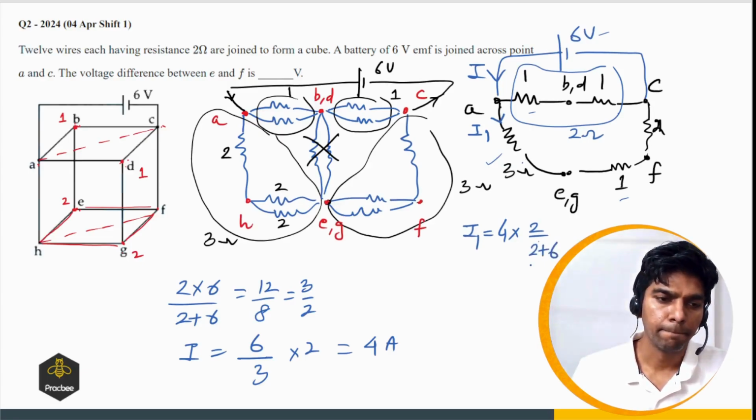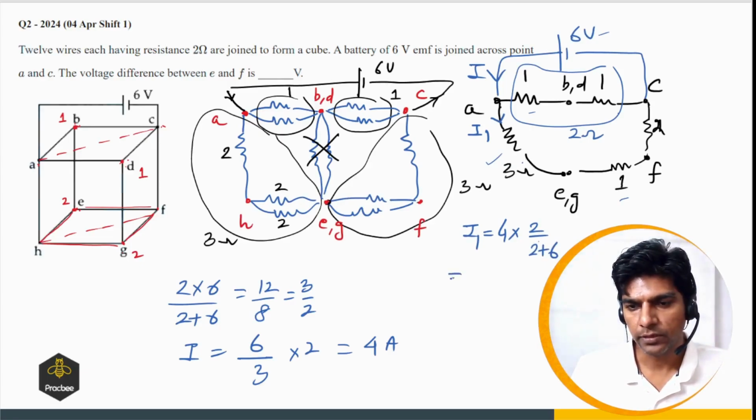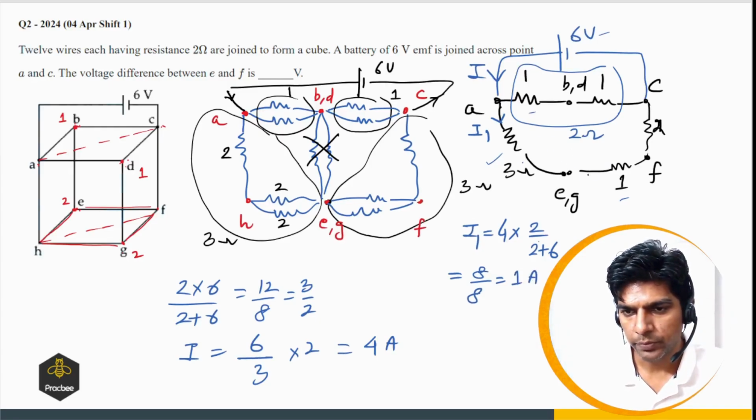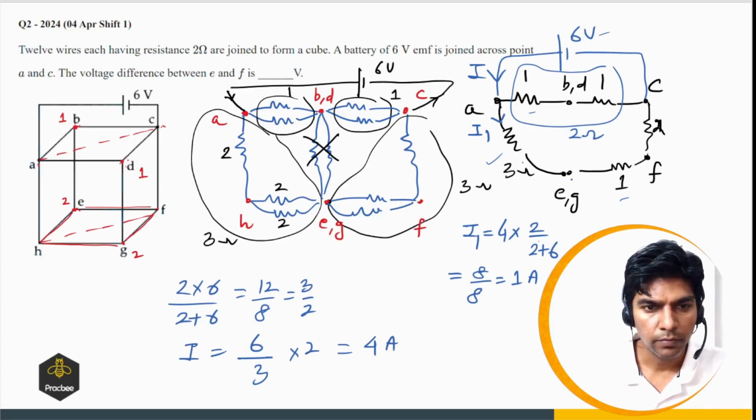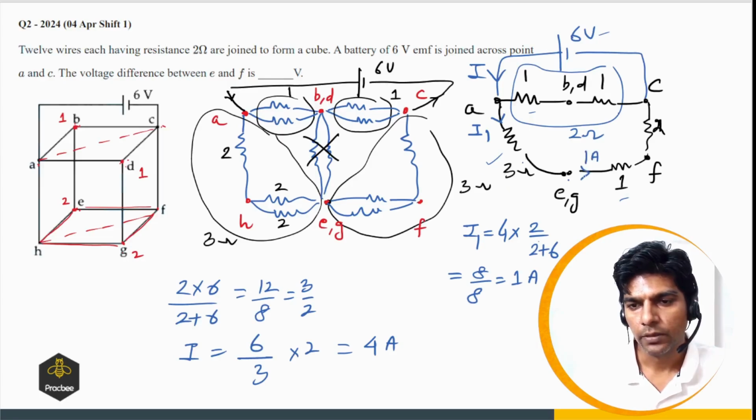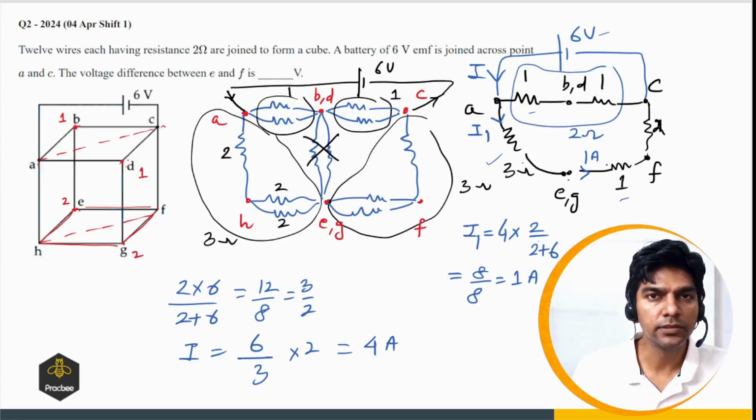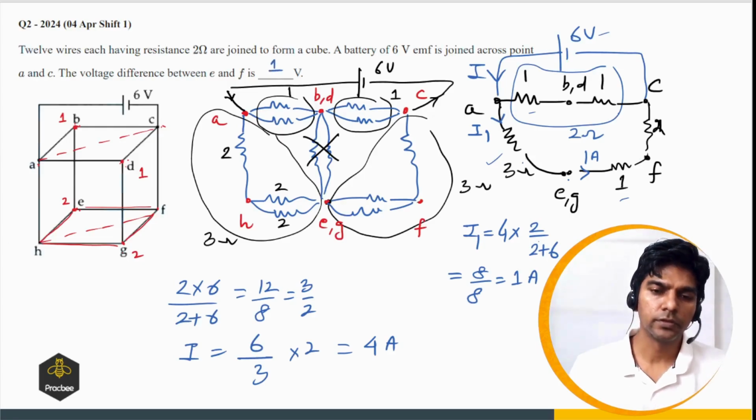Got it? 2 upon 2 plus 6. So it comes out to be 8 upon 8, which is 1 ampere. Now the current in the bottom branch is 1 ampere. So between E and F, the current is 1 ampere. So the potential drop between E and F will be 1 volt, right? Because the resistance is 1 ohm. So it should be 1 volt.